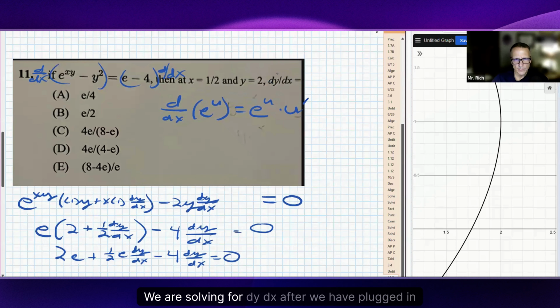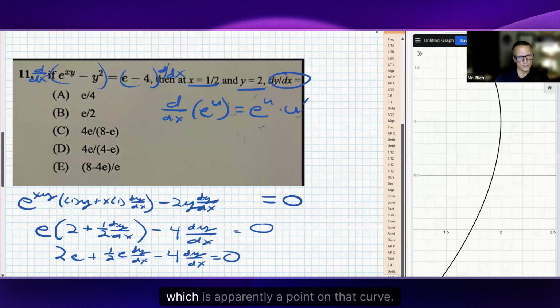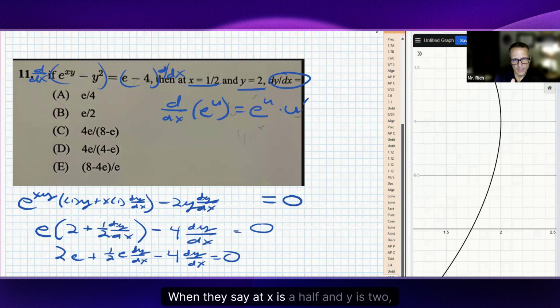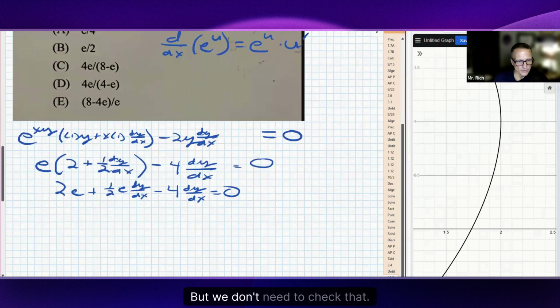We are solving for dy dx after we have plugged in that point, which is apparently a point on that curve. If it wasn't, they wouldn't give me those 2 points, right? When they say at x is 1/2 and y is 2, it's because if you plug 1/2 and 2 in for x and y, you're going to get a true equation, but we don't need to check that. I'm just pointing that out.